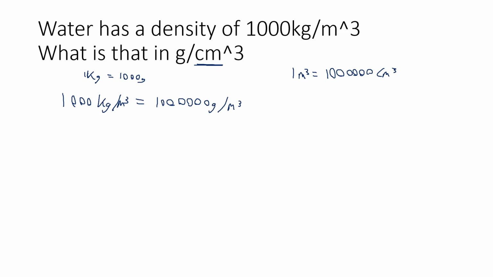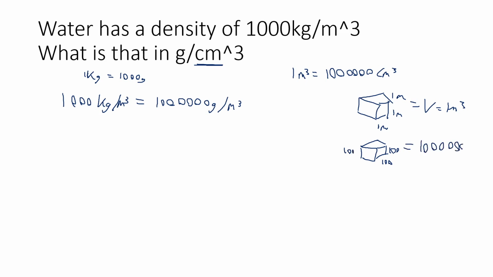The reason why is because if we have 1 meter cube, and it has just 1 meter, 1 meter, and 1 meter, then it has volume of 1 meter cubed. But if we change that into 100 centimeters, then it's the same as 1 million centimeters cubed. Just as a recap from the last video.